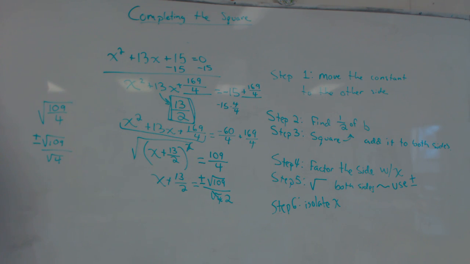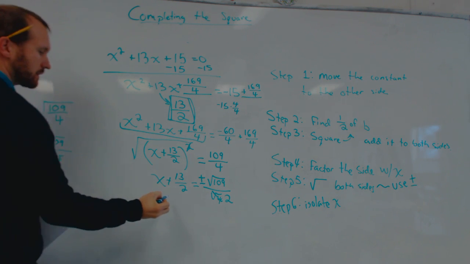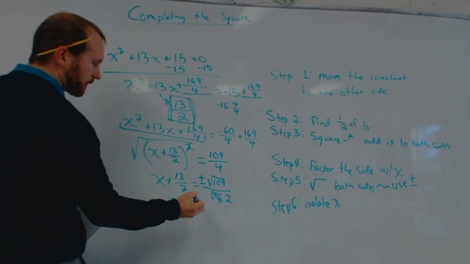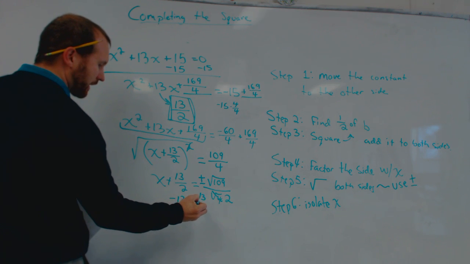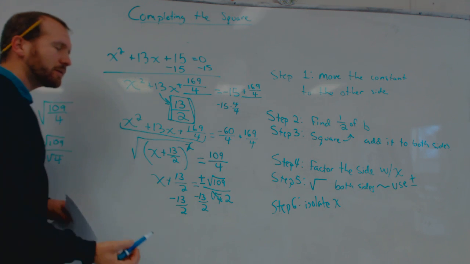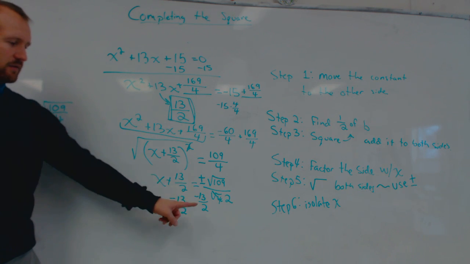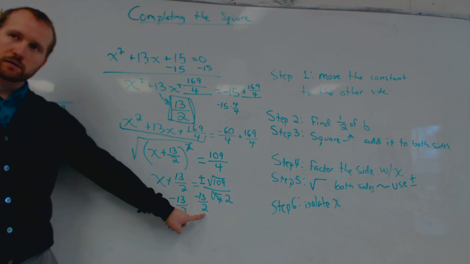Okay, now how do I isolate x? Subtract 13 halves. And remember, I'm going to write that in front of my other fraction. Why is it negative?